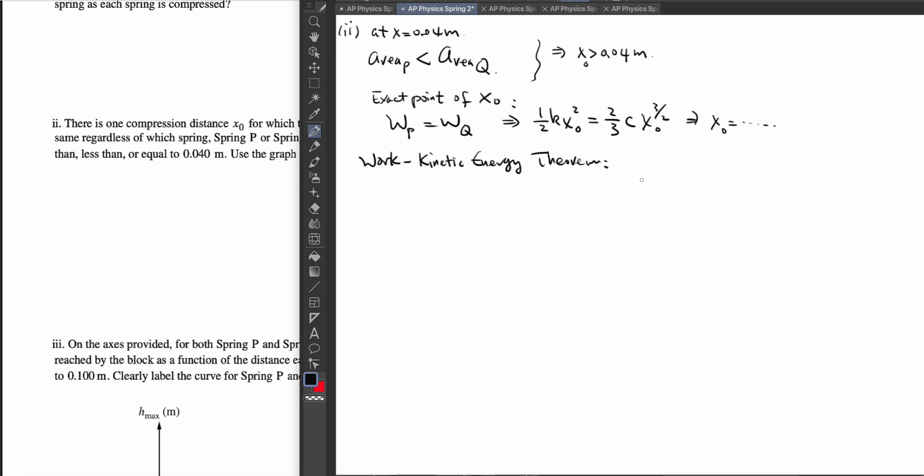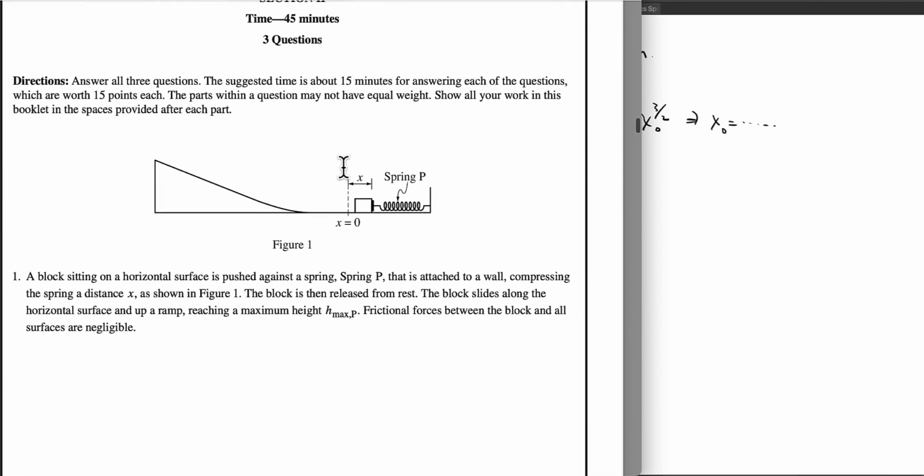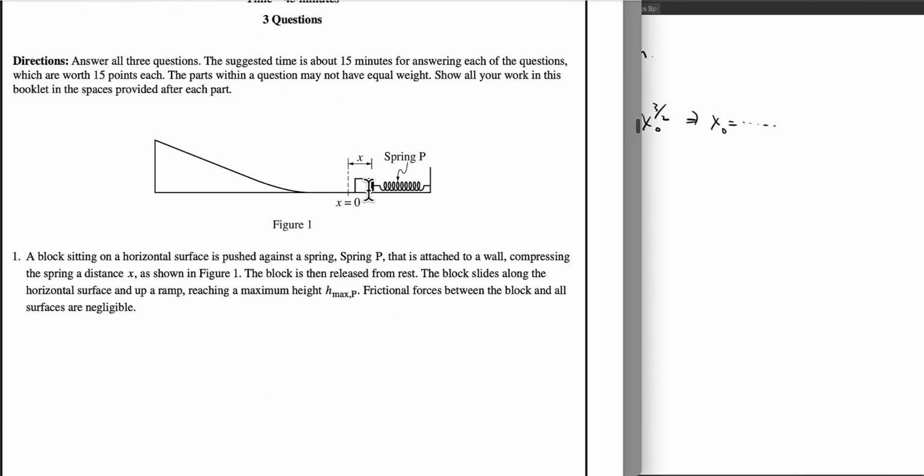which says that the total work done on the block, and in our case this total work is simply the work by the spring, is equal to delta K, the change of the kinetic energy of the block. The initial kinetic energy of the block is 0, because it's at rest.